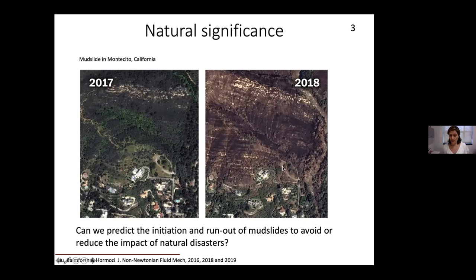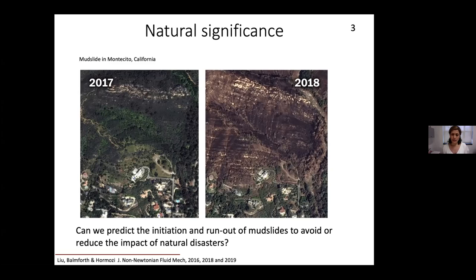As a result of this tragedy, dozens of people died. Hundreds of homes got destroyed, and I was visiting the University of Santa Barbara at the time, and I remember it took them 1 month to clear the Highway 101.